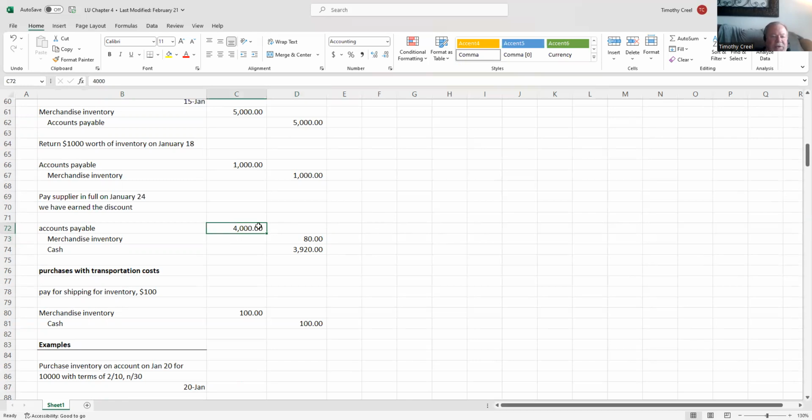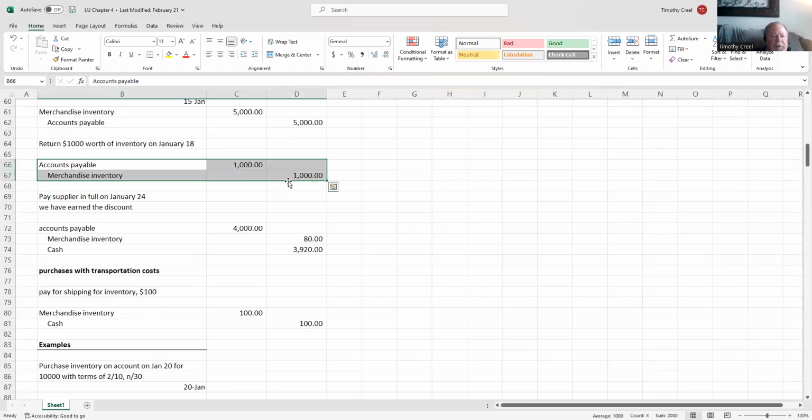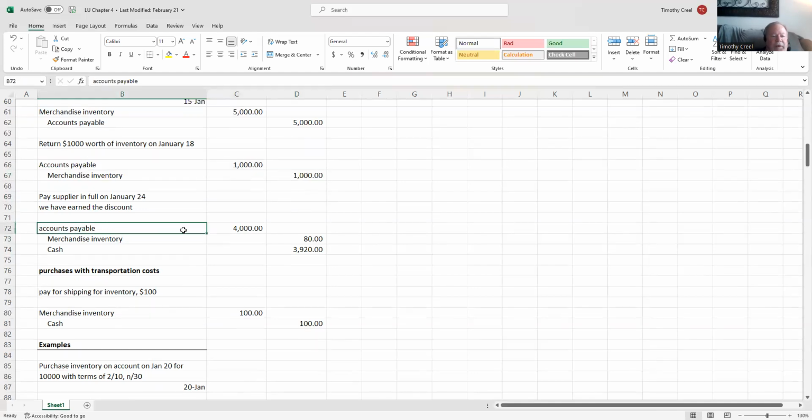So 2% of the $4,000 would be $80, credited to merchandise inventory. And our cash payment would be simply what we owed less the discount. This would be the actual amount of cash that we paid to that supplier. So notice here that if we return merchandise, it's going to reduce the amount that we pay, and that'll be reflected in our journal entry whenever we record the payment to that supplier.